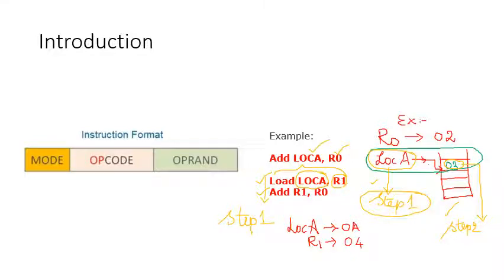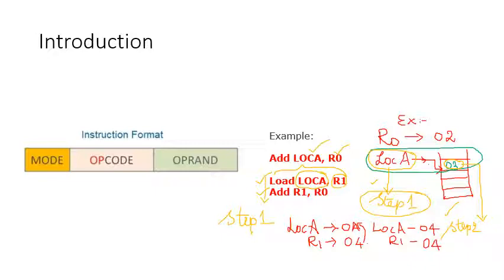After execution of this instruction, location A will have 04, that is, 0A is overwritten by 04, and R1 will also have 04. The content of R1 is not altered, but the content of memory location A is altered by the content of R1 that is loaded into it.